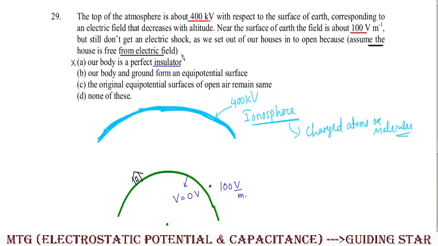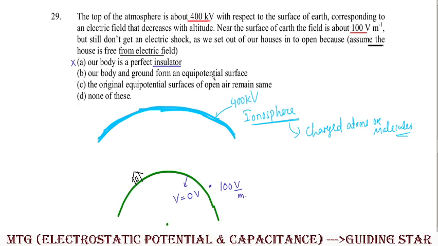Because when you touch any surface or any charged body, current will pass through the body to the ground. Clear? So the human body is generally considered a conductor. So option A will be wrong.